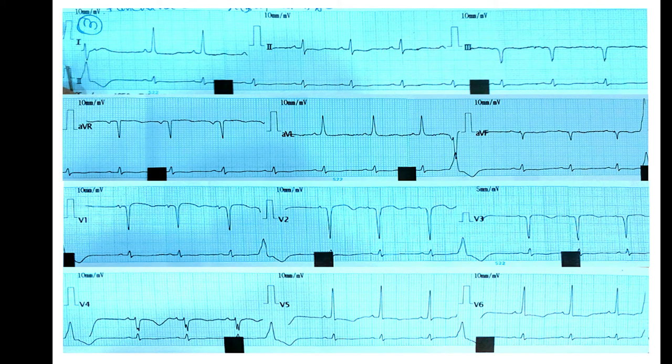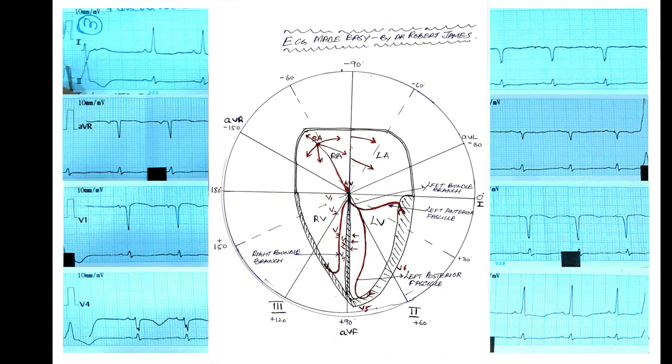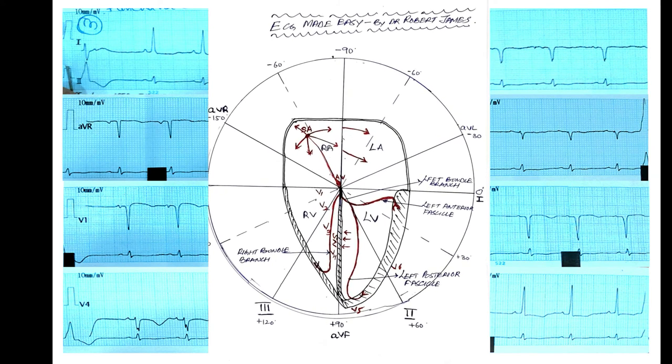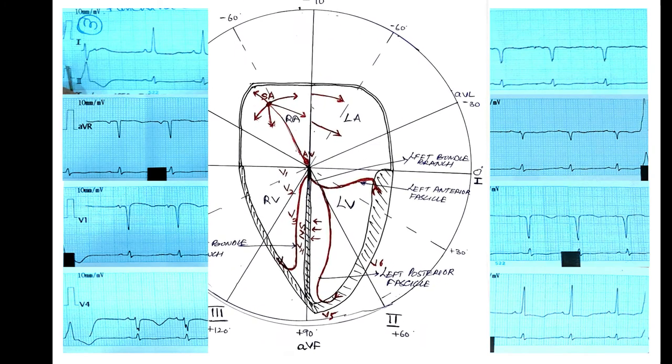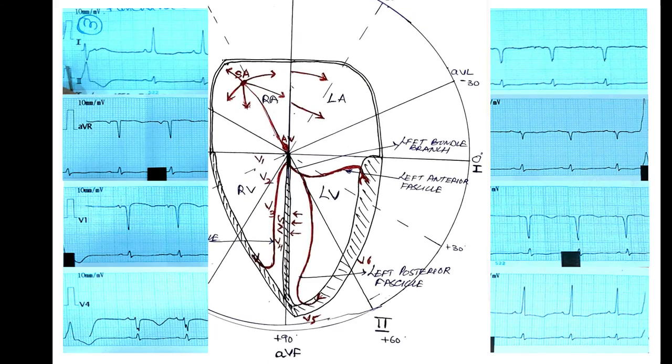In this ECG, lead 2 is the most isoelectric complex, and the lead that is perpendicular to this isoelectric lead will be the axis. Now lead 2 is at plus 60 degrees, and we know already that the axis is left axis deviation, and what is perpendicular to lead 2? Minus 30 degrees. That is where lead AVL is. So that is perpendicular to lead 2. So the axis is minus 30 degrees.